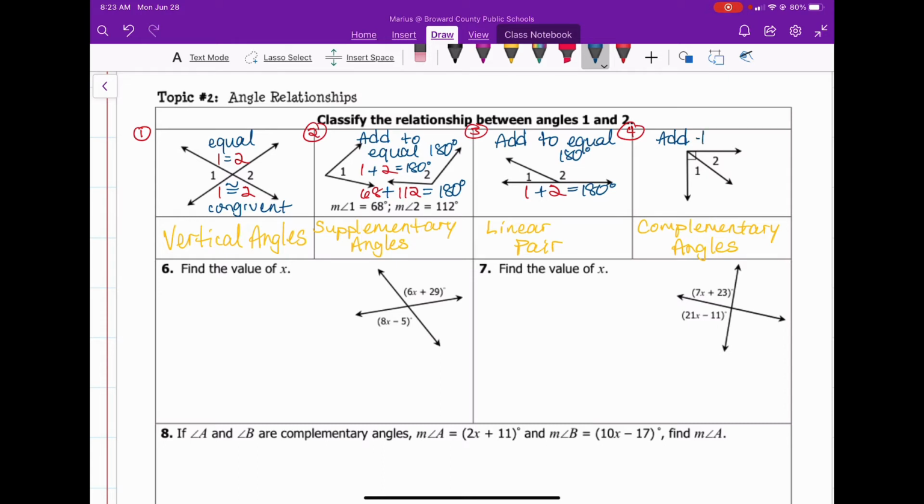So in this one, we can say angle 1 plus angle 2 equals 90 degrees. And if we had any expressions there, that's how we would write the equation to solve for x. All right.